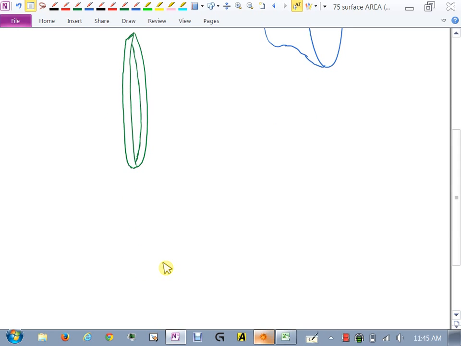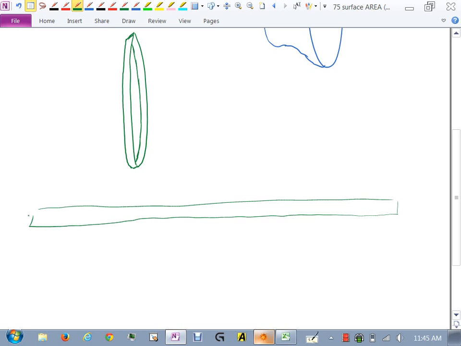Okay, so here comes that ribbon laid out flat. Like this. How tall is it?